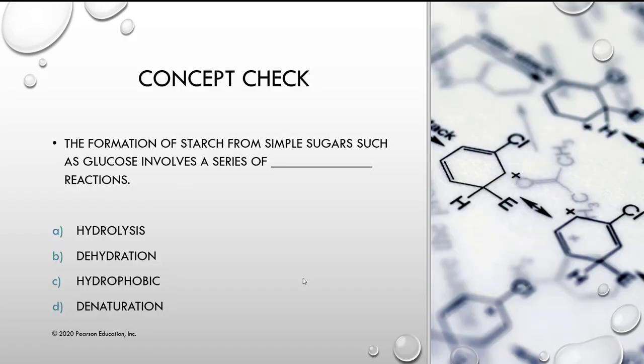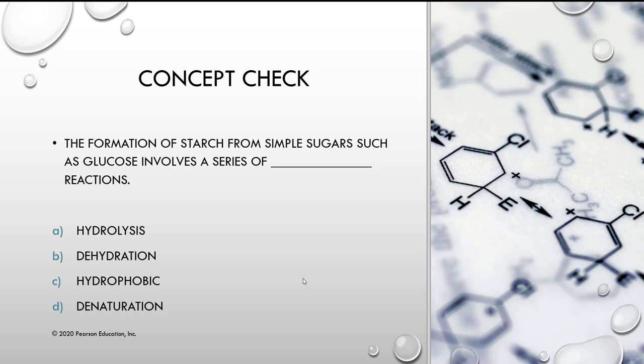Here's another question for you. The formation of starch from simple sugars such as glucose involves a series of what type of reactions? Would that be hydrolysis reactions, dehydration reactions, hydrophobic reactions, or denaturation reactions? So what type of reactions form the starch?